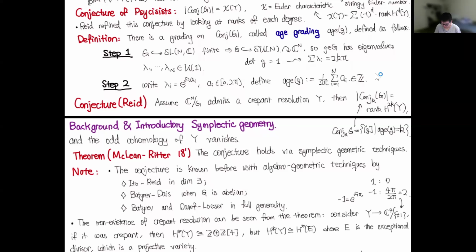And therefore, the cohomology of Y has only 2 parts. One is in degree 0, which is a single copy of Z, and the other is in degree 4. If the crepant resolution exists and you use the theorem, this will tell you that the cohomology has to look like this, but that's not true. Because the cohomology of Y should be the cohomology of the essential divisor, but the essential divisor has dimension 3.